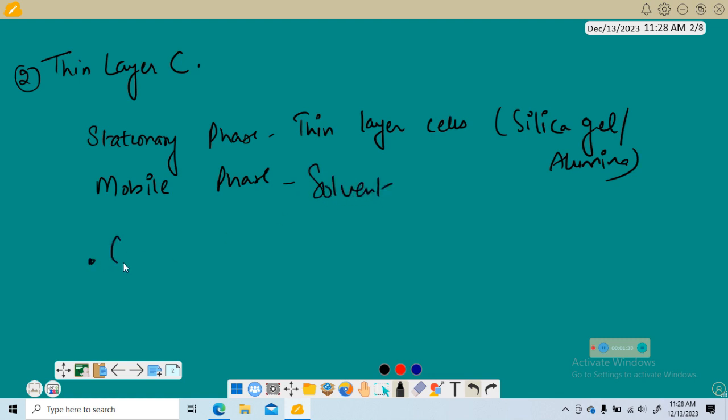So here we use capillary action. Capillary action is like when you suck a fruit juice through a straw, the liquid flows through the pipe. That is basically capillary action.